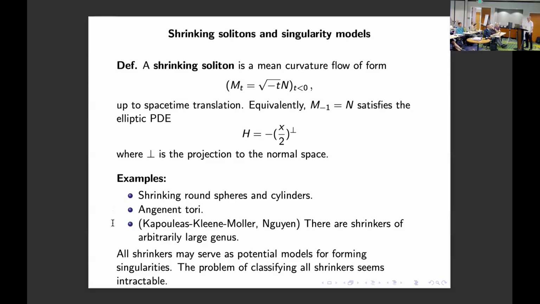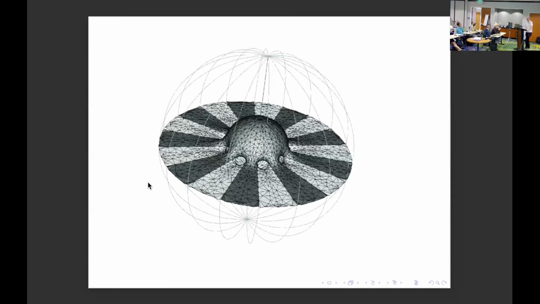Much more recently, there have been many more examples constructed. For example, Kapouleas, Kleene, and Møller produced shrinkers of arbitrarily large genus. So these look roughly like this. Think of a plane passing through the origin and then the sphere of radius 2. Those two surfaces intersect along a circle.